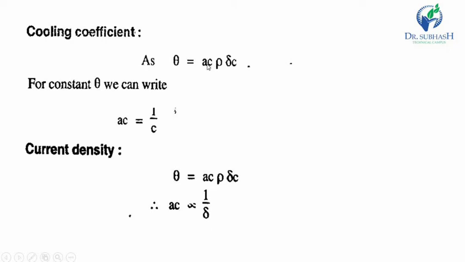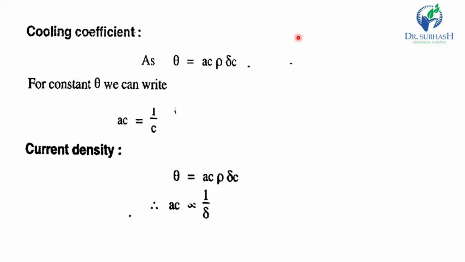So AC is equal to 1 upon C. Now we conclude that for a smaller value of cooling coefficient, we use a higher value of AC, and we take a higher value of AC in a high speed machine due to improved ventilation, because the cooling of a high speed machine is better, so we get a higher temperature rise, and for that purpose we choose a higher AC value.